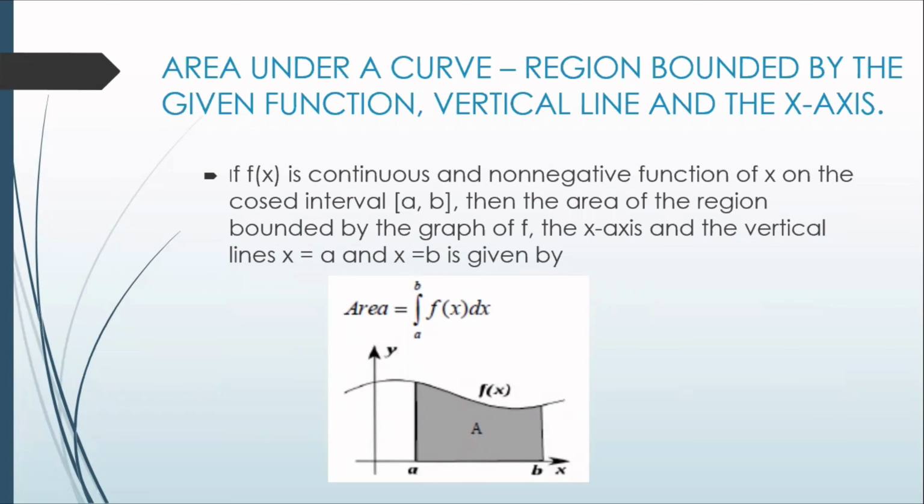The first point, area under a curve region bounded by the given function, vertical line, and the x-axis. So the given function, vertical line, this line, vertical line, and then bounded by the x-axis.